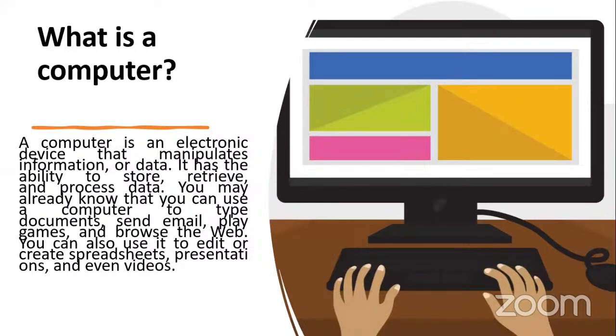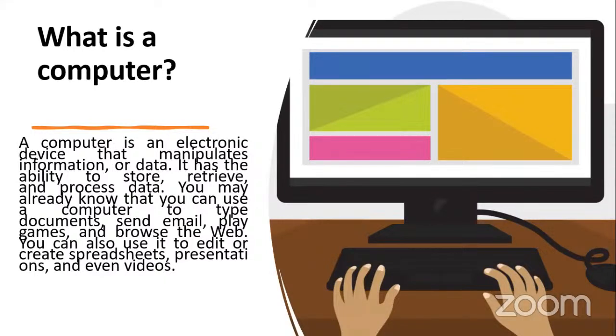You may already know that you can use a computer to type documents, like the way we chat online, on WhatsApp, Facebook, Twitter, Instagram. We have word processing, where you have a very large sum of documents you need to type.